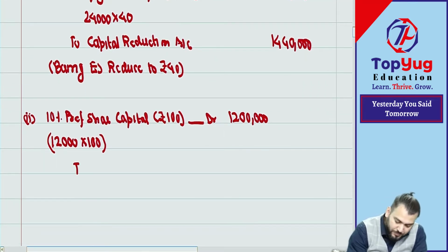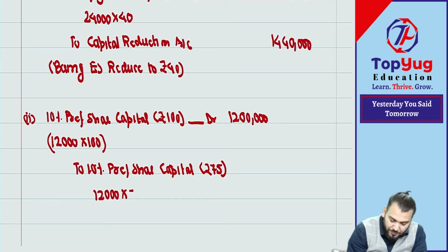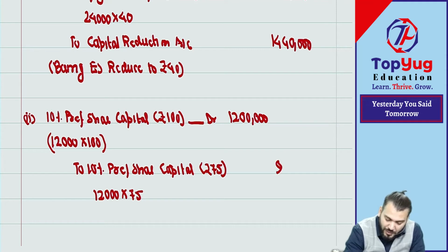To what? 10% preference share capital of rupees 75. It will be 12,000 into 75, which is 9 lakh.